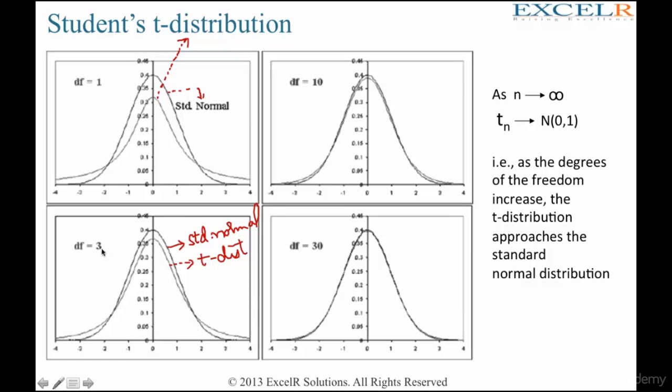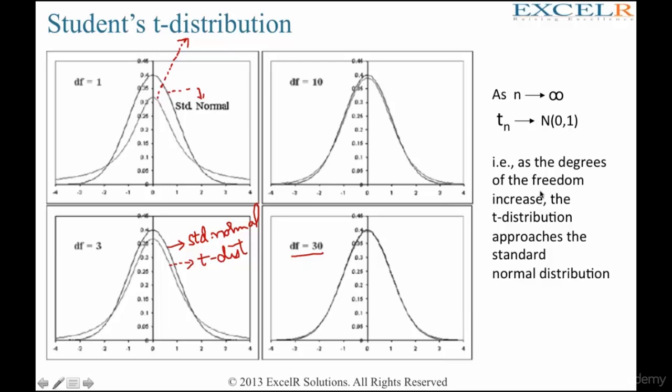In that way, if I increase the sample size further to 11, I get degrees of freedom which is 10. Now, if you notice clearly, there is negligible difference, though there is a small difference that you notice. If I increase the sample size further to 30, you see that standard normal distribution and t-distribution overlap. What does that mean?